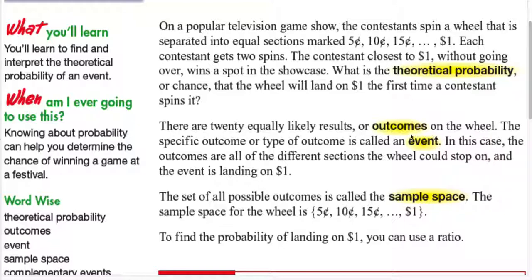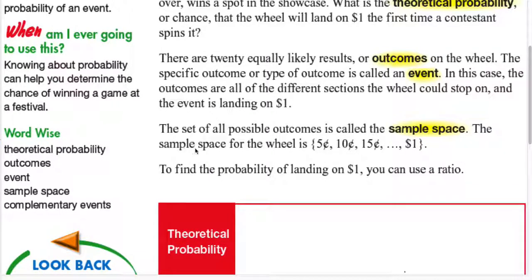In this case, the event that we want to find is when that wheel will land on $1. The outcomes are all of the different sections that the wheel could stop on, and the event is landing on the dollar.